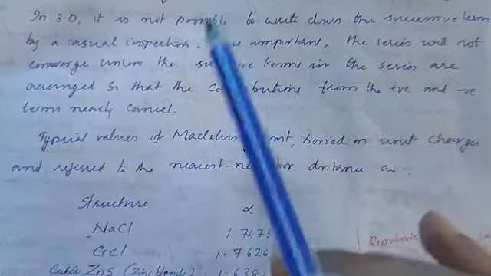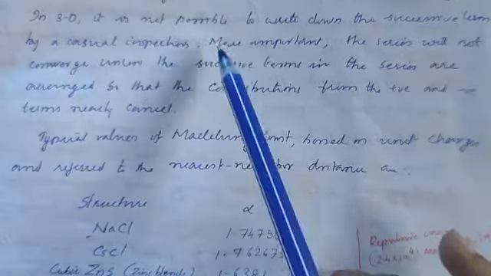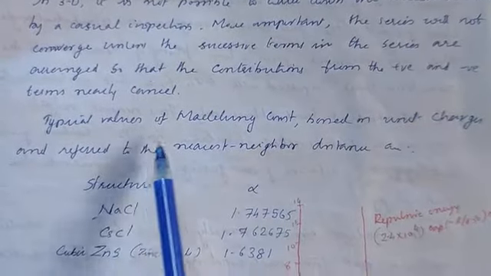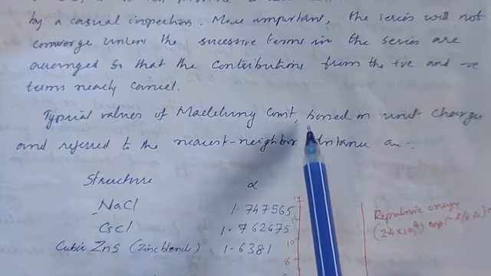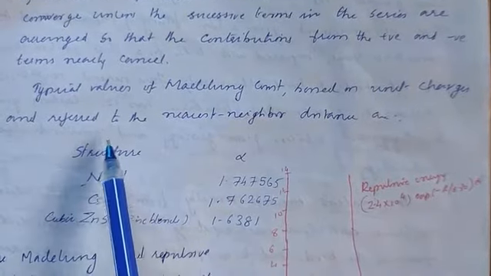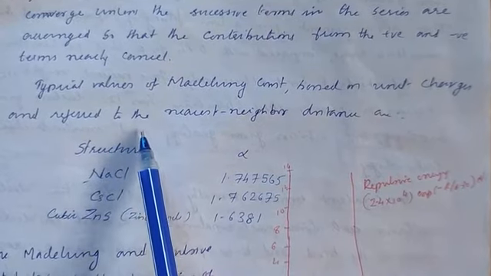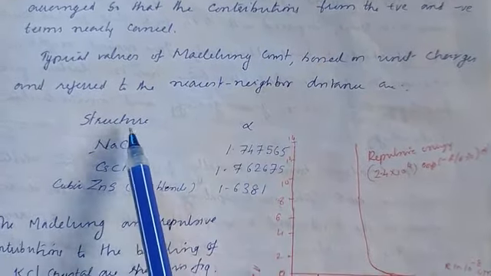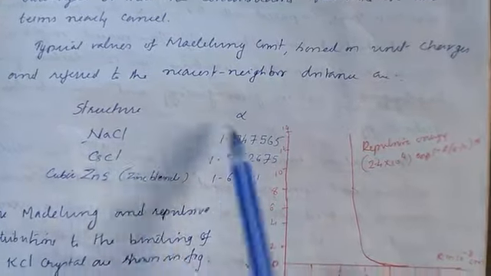So in the three-dimensional case, this is not as simple as in the one-dimensional case. Typical values of Madelung constants, based on unit charges and referring to the nearest neighbor distance r, are given here in the table.